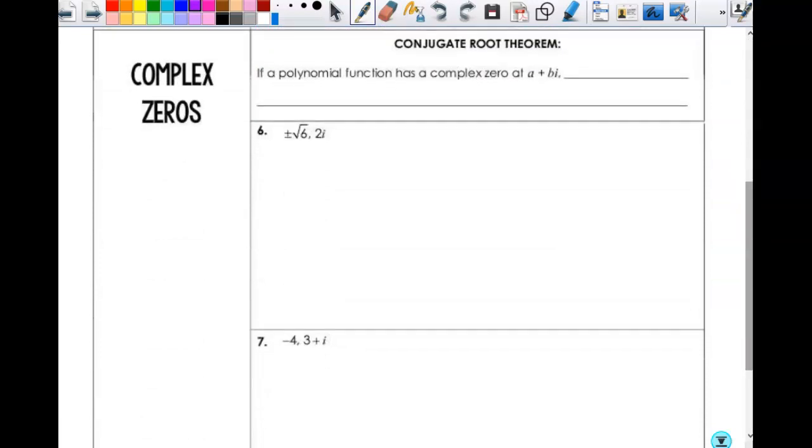So let's talk about the conjugate root theorem with complex zeros. Remember, they're all complex zeros, but really this should be imaginary zeros. So if a polynomial function has a complex zero at a plus bi, meaning that it's really written like a complex number, and because of that, b cannot equal 0, then its conjugate, which is something we did in Algebra 2, so if I have a plus bi, its conjugate is a minus bi, is also a complex zero.